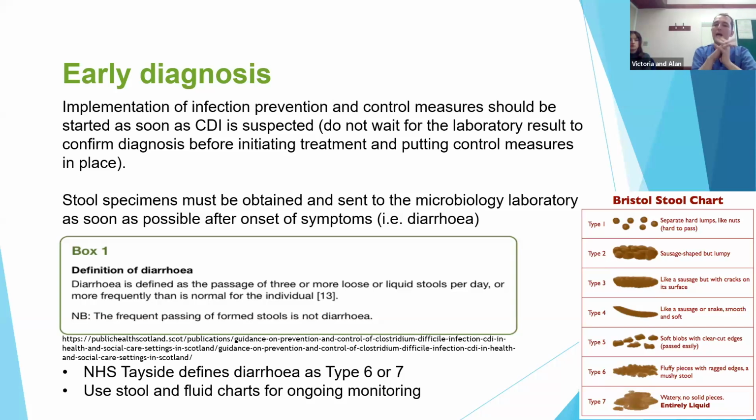That can help define treatment, but it also helps us stop precautions, which we'll discuss later on. Basically, once the patient is 48 hours clear of loose stools, type 5 or better, we can go back to standard infection control precautions. And the fluid chart is important because these patients are at extremely high risk of dehydration, so it's really important that we monitor that as well.